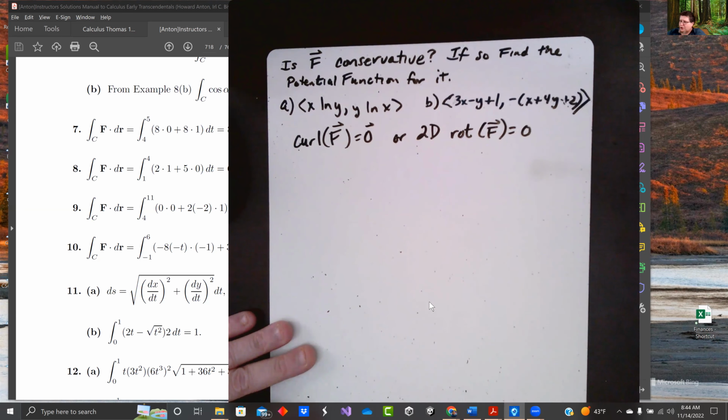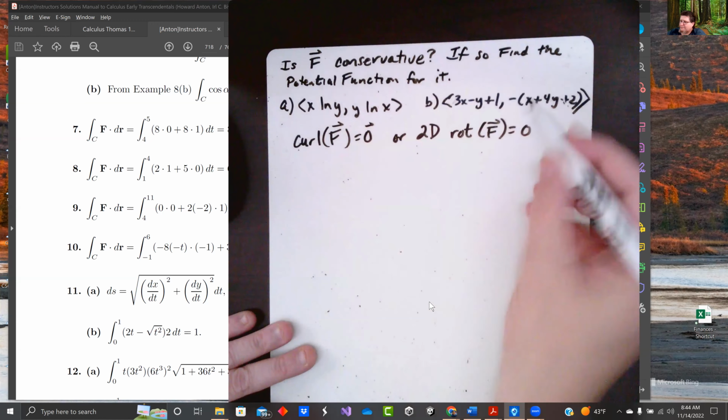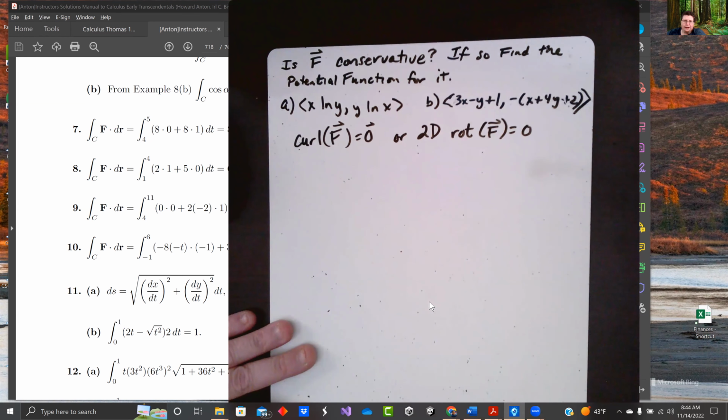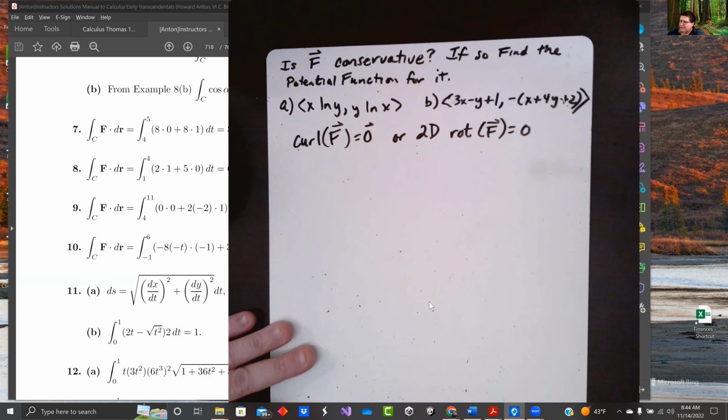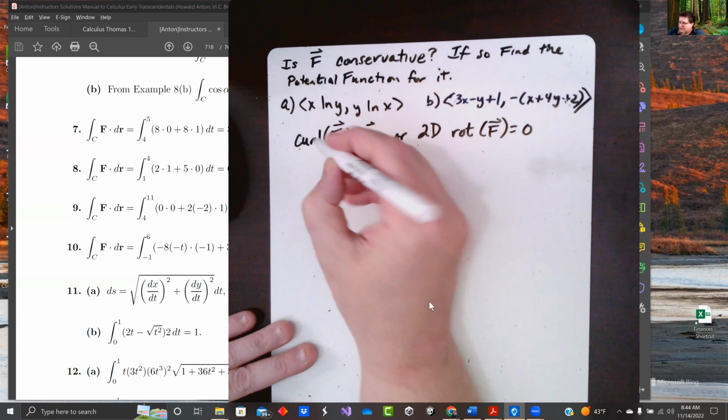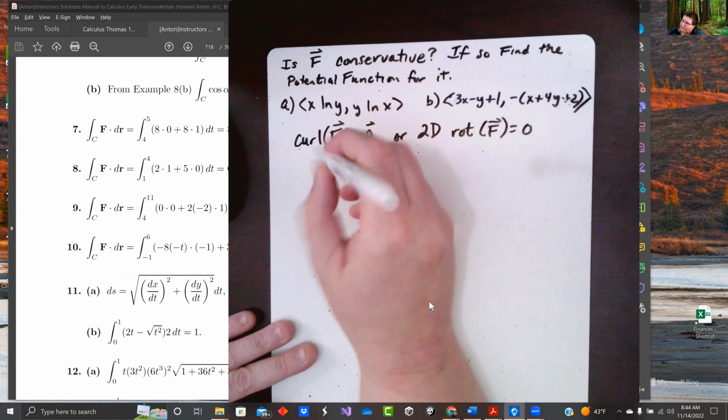And so these are both 2D. Most of the stuff we're going to do, at least in this section, is 2D, just because it's easier to work with. We will do some 3D stuff.